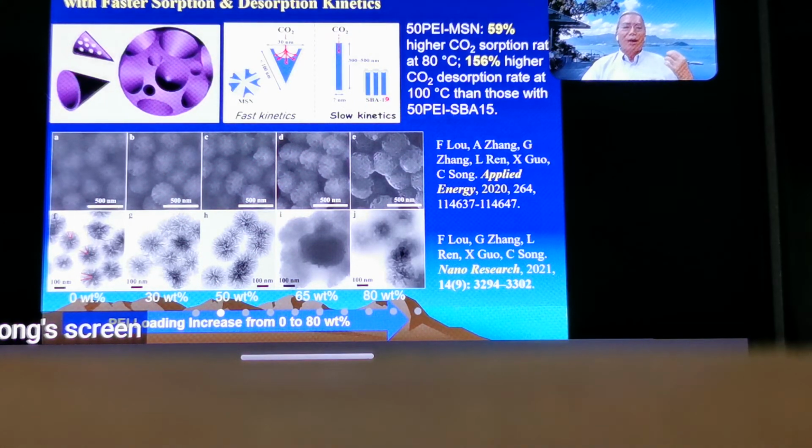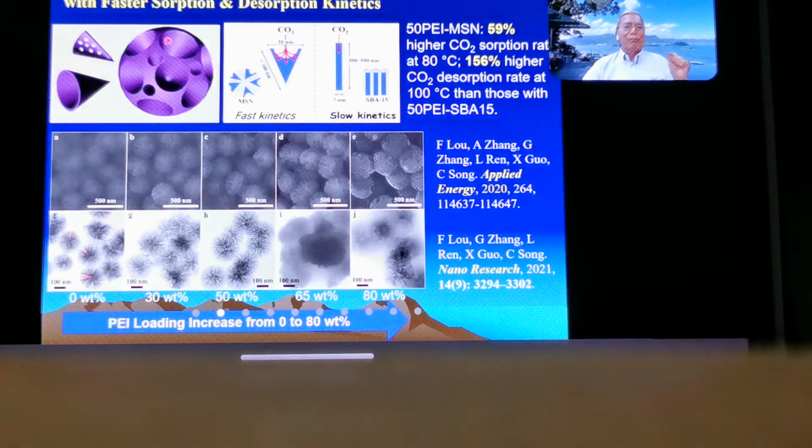What we developed is an inverted cone-shaped pore structure, which is pictorially represented here. This was first synthesized by Professor Anfeng Zhang in our team, and then our PhD student Feijian Lou and associate professor Guanghui Zhang worked with us to develop this type of material.